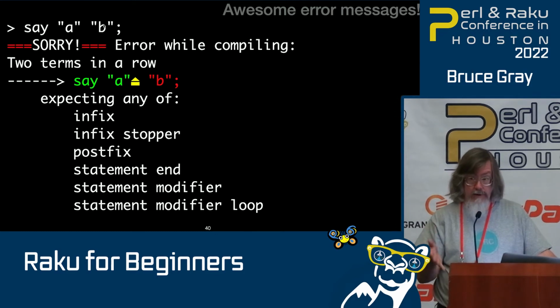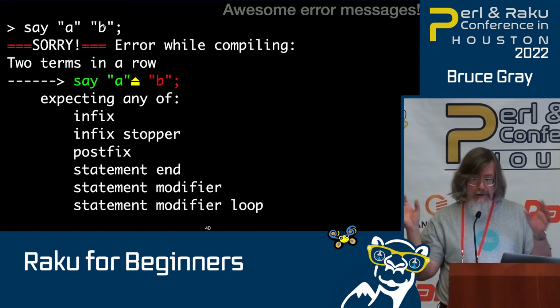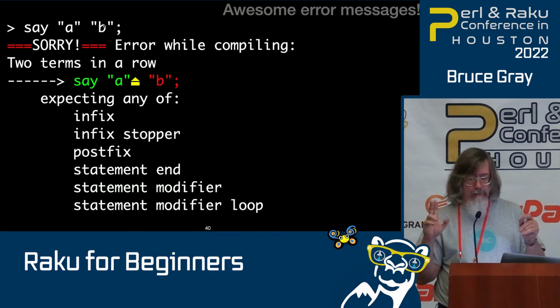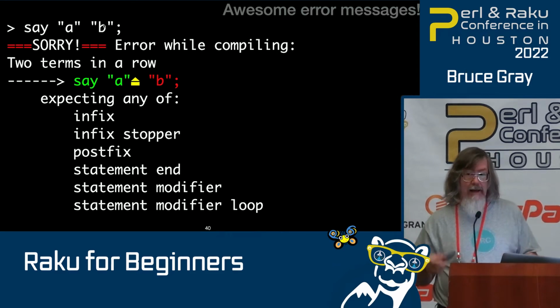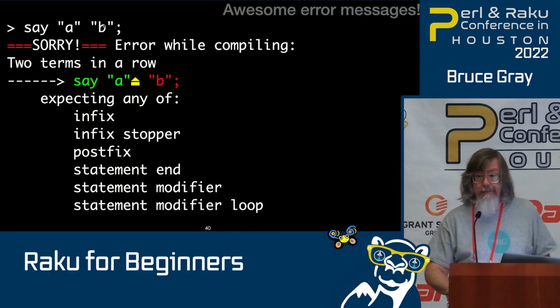Because there are languages where plus is overloaded, and in Raku, as in Perl, the numeric operators do numeric coercion. So it'll take the string on the left and try and turn it into a number. If it can't, it will throw an error, and then it'll do the same thing with the one on the right. And if it can turn them both into numbers, then you're golden. Because it might have been perfectly valid that they were both strings.